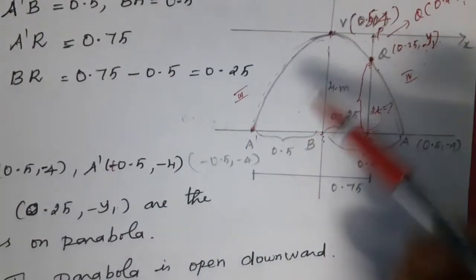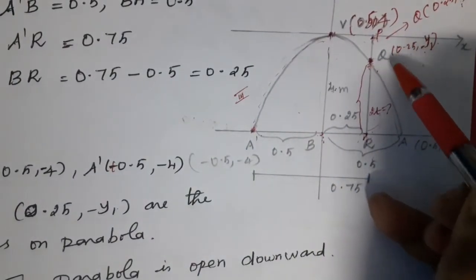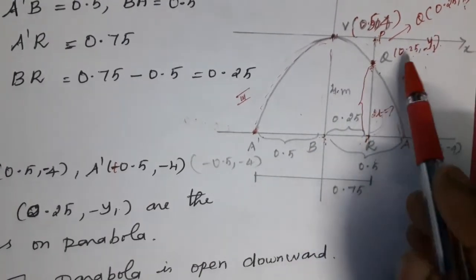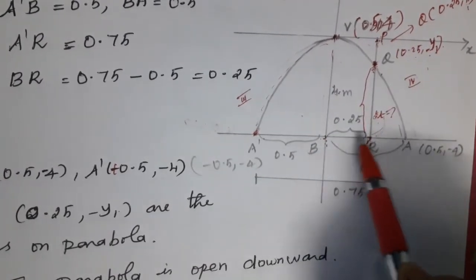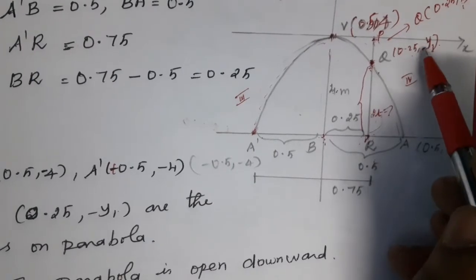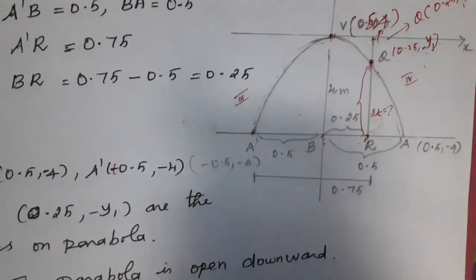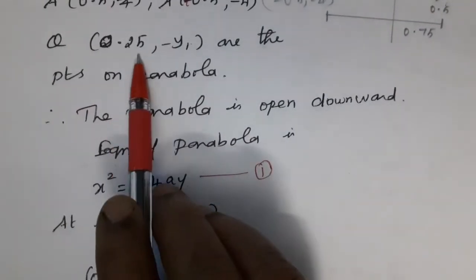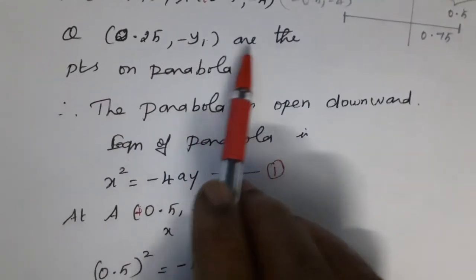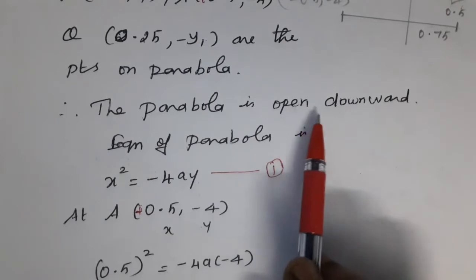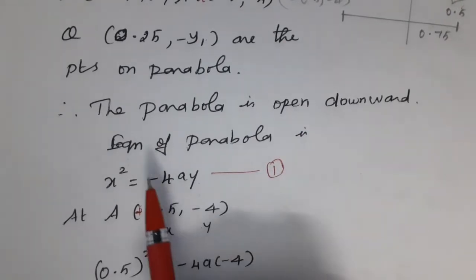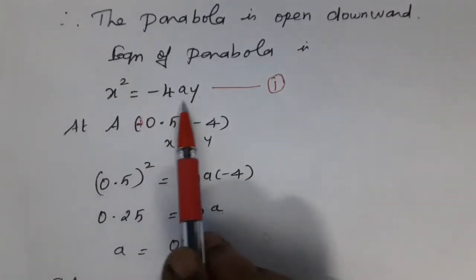Now which one is very important? We find the Q point. At the 0.25 point, the horizontal distance BR is 0.25. What is the height of the waterfall? So the Q point is at 0.25 comma minus y1, a point on the parabola. The parabola opens downward, so the equation is x square equals minus 4ay.